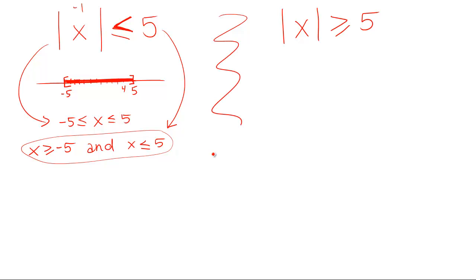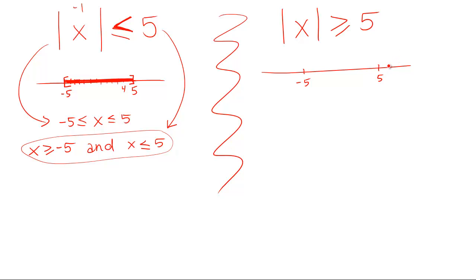Now let's recall how we would split a system that's greater than. So this is the same example, so the equal part is going to be at 5 and negative 5 again. But this time it has to be greater than. So essentially you're looking for numbers that, without their sign, are bigger than 5. So what do you think?